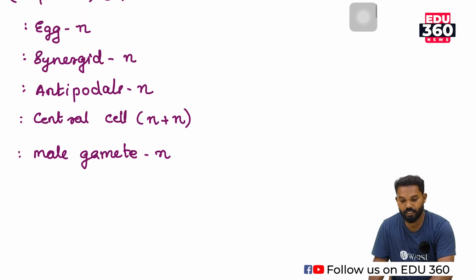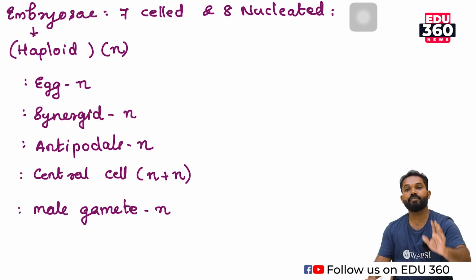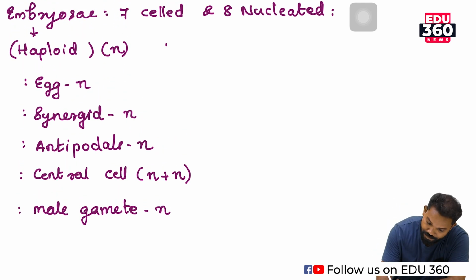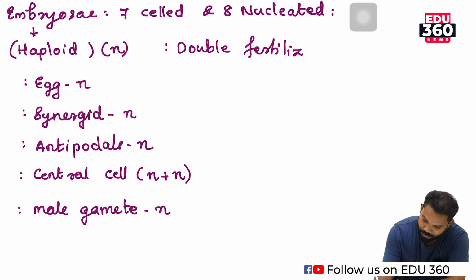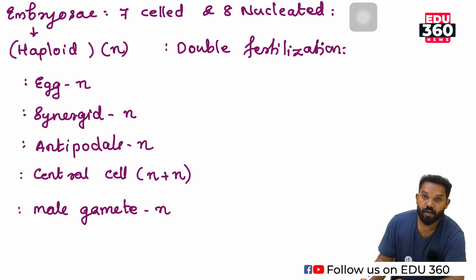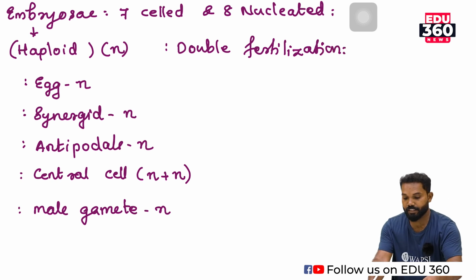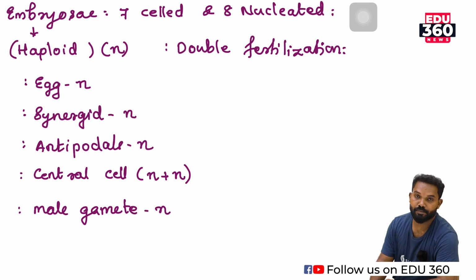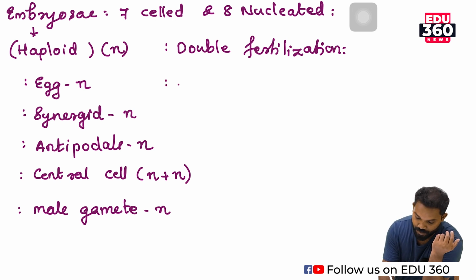Then the typical or unique characteristic feature of an angiosperm is double fertilization. What is meant by double fertilization? In double fertilization, 2 fertilization events take place. Among the 2, one is the most common, that is syngamy.